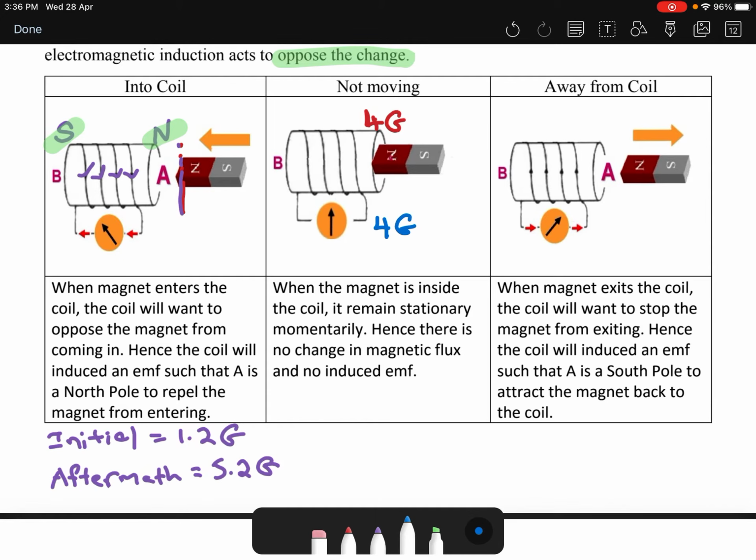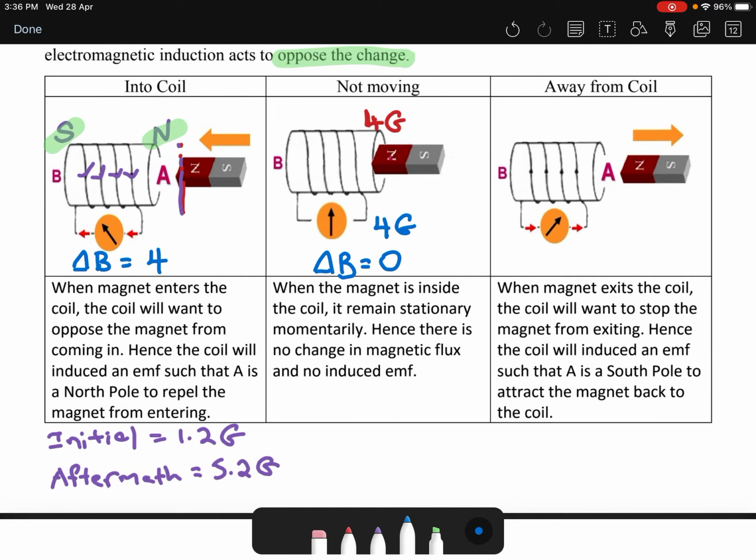So you can see that there's no change. The change in magnetic field is equal to 0. But for case 1, the change of magnetic field is 4, because 5.2 minus 1.2 is 4. Since there's no change in this case, there will not be any induced EMF.